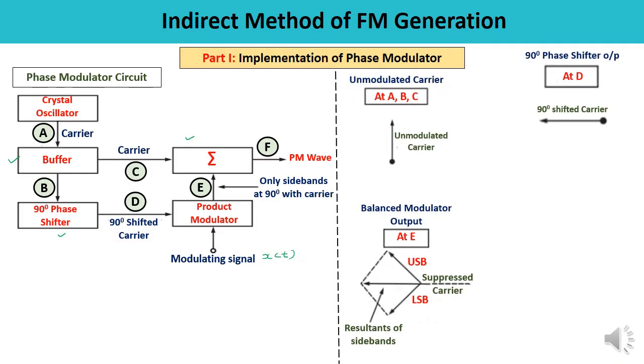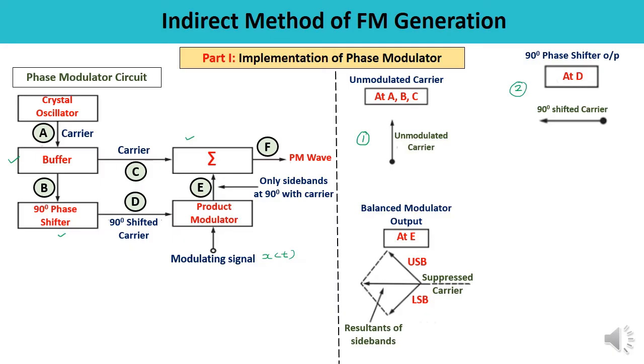In this particular diagram, you can see the first one is the unmodulated carrier which is available at points A, B and C. This is the unmodulated carrier. When this unmodulated carrier is applied to the 90-degree phase shifter, the output of the 90-degree phase shifter is this one.